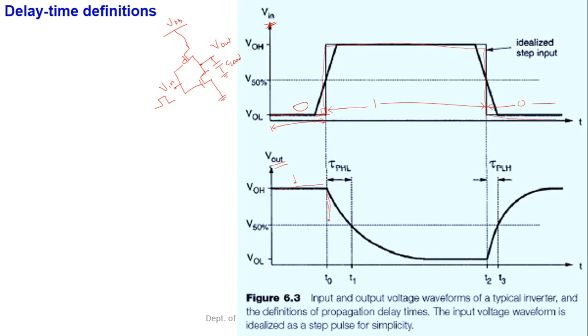So we can plot the output, ideally. Ideally this should be 0, and it changes here. Actually this is VOL. It should start from here and ideally be like this, then become 1, assuming the ideal case.